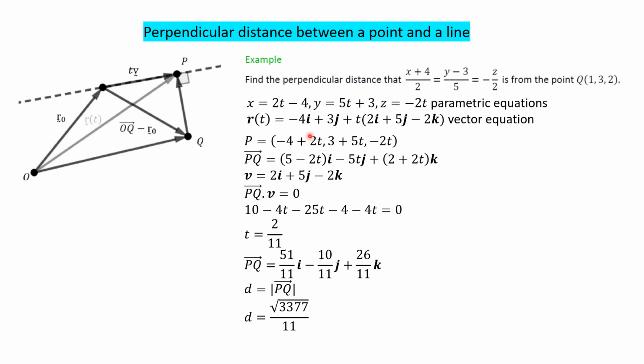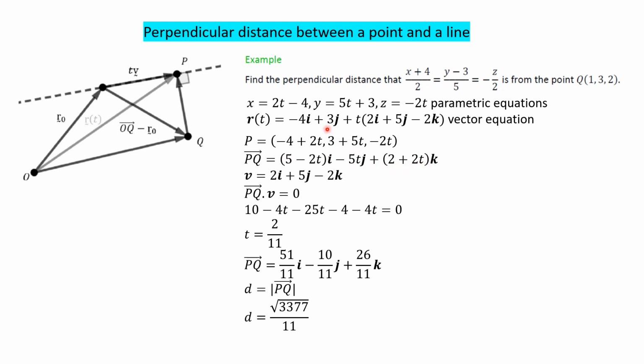So in the general term, because this one is your vector equation, the point P would just be negative 4 plus 2t, comma 3 plus 5t, comma negative 2t. Okay? So next step, you want to work out a vector PQ because you have the point P and the point Q. Alright, so that's a vector PQ.